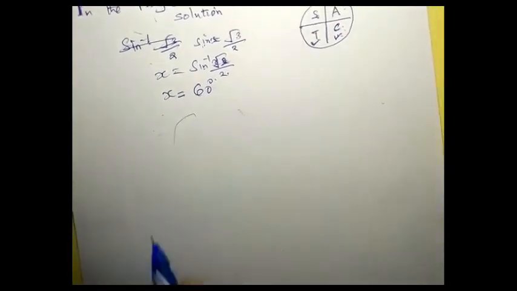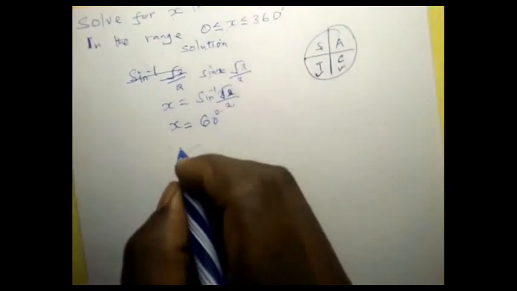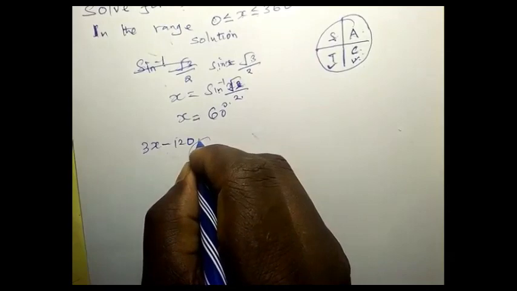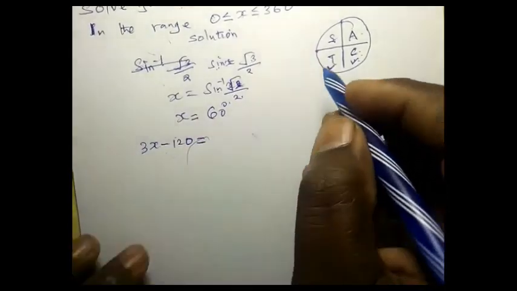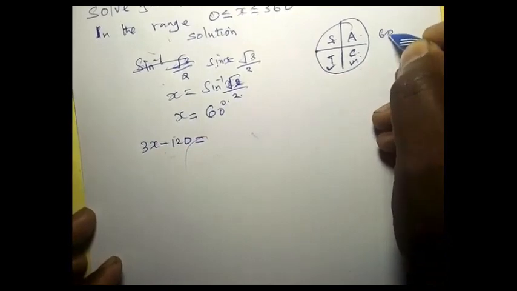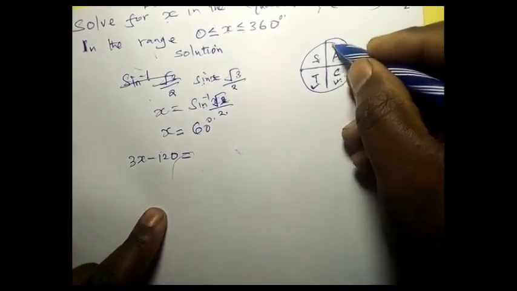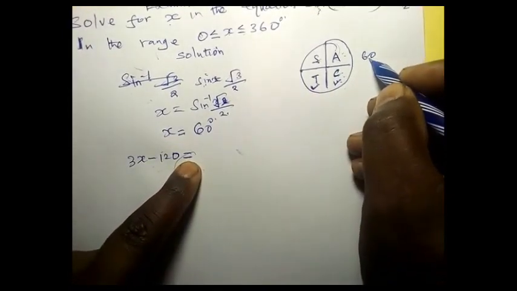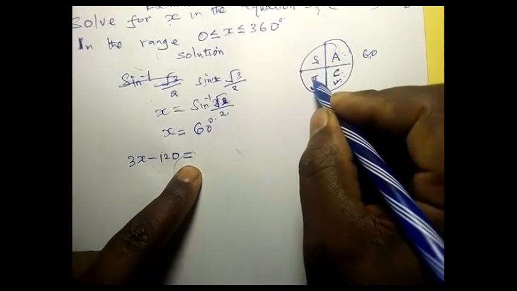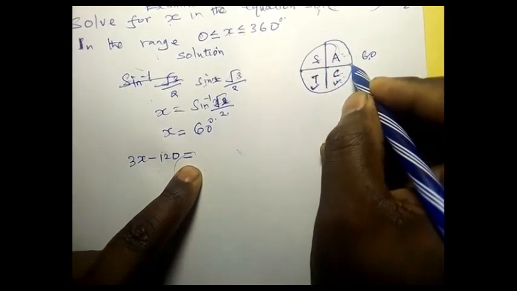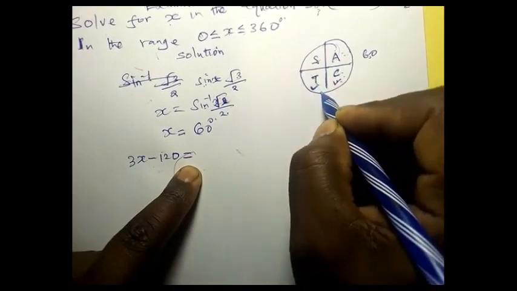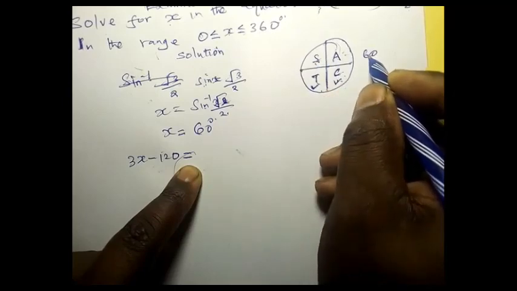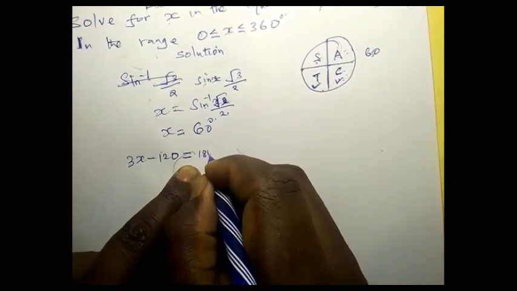So now we have 3x minus 120 is equal to, remember we have 60, so this 60 is our theta. We want the angle here. From here it is 90, 180, so we are coming to the third quadrant. How do you calculate the third quadrant? It is 180 plus theta, so here it is 180 plus 60.